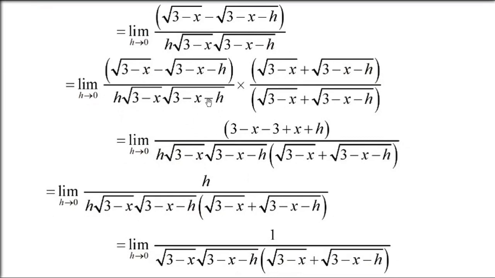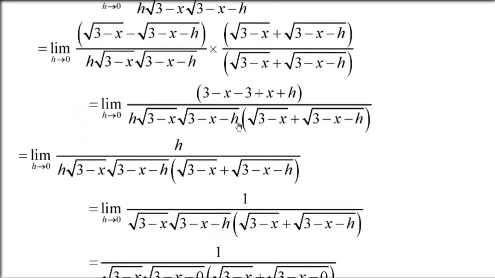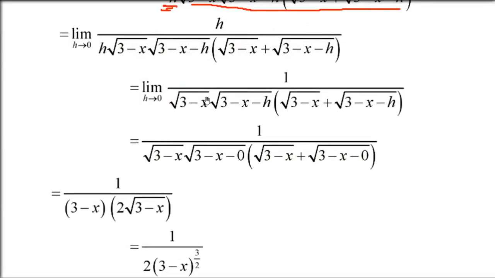So this RF in the denominator remains, and when we took the LCM, this also remained. In the numerator, 3 gets cancelled, x gets cancelled, only h will remain. And h is already there in the denominator, so just cancel this h. The only thing you have to do is put h as 0 everywhere now.